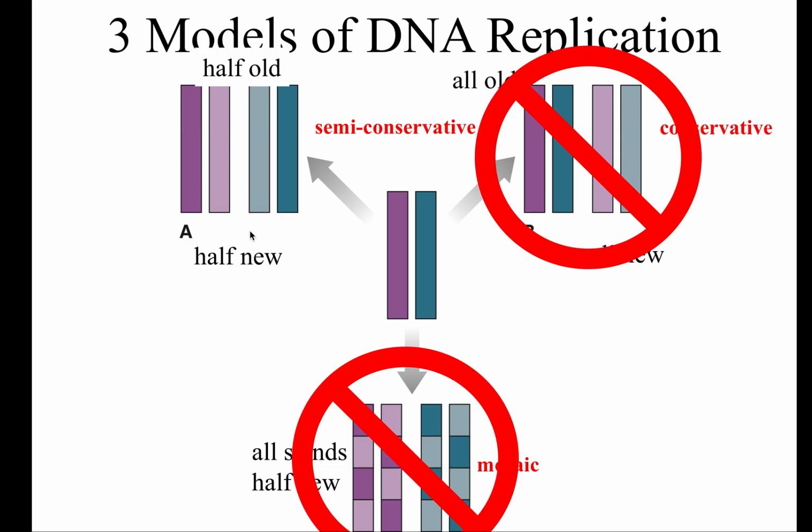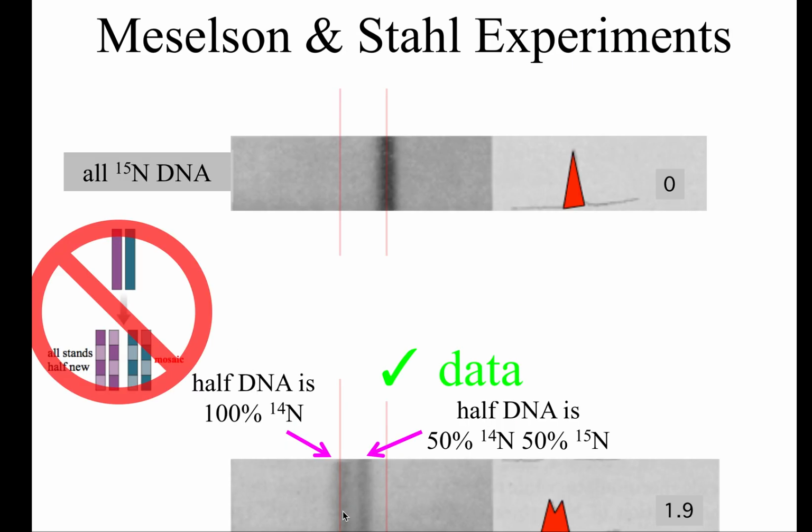This has to be true, in that in the first generation, the first time they get light DNA, they get DNA that is half heavy, half light. Now when this new DNA, the light stuff here, replicates again, it's going to replicate using light N14 again, and you'll get 2 strands of light DNA as a result of that, and that's how you got this band here.